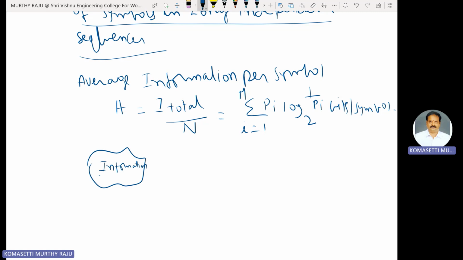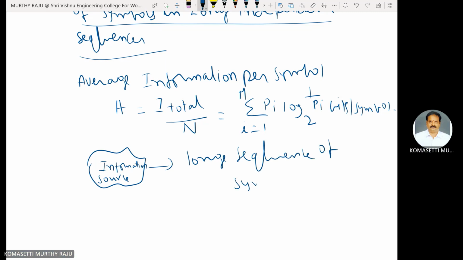In a practical communication system, this information source transmits a long sequence of symbols.